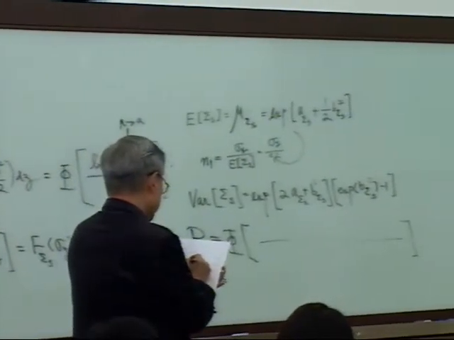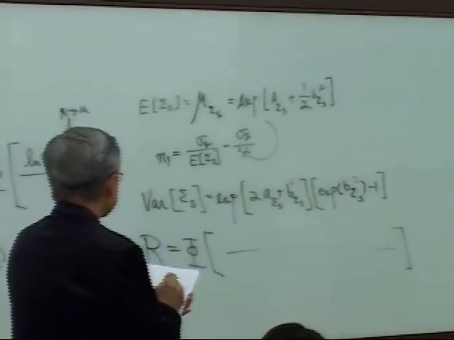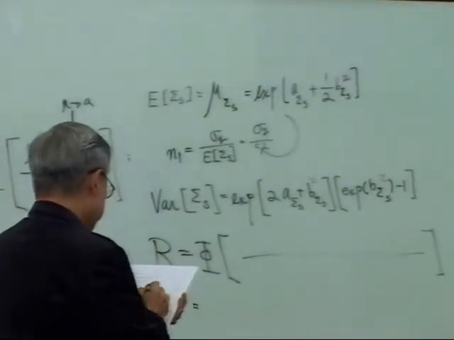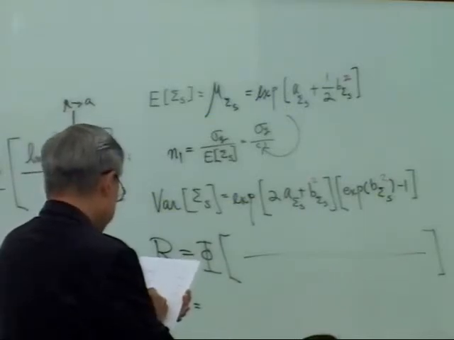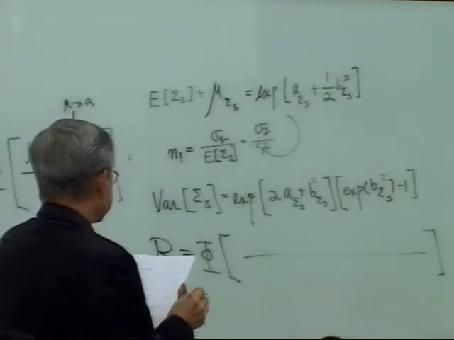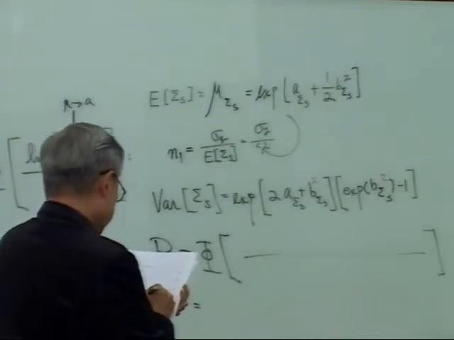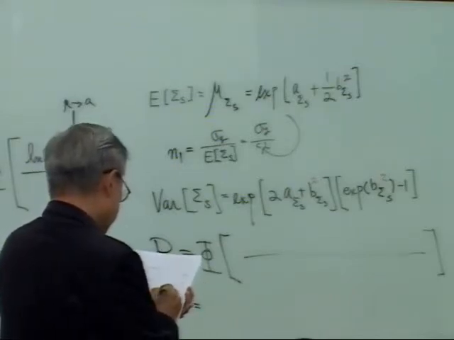Yeah, that's a square. Has to be there. Variance, b square, has to be there. I think that's square. Check back this guy.